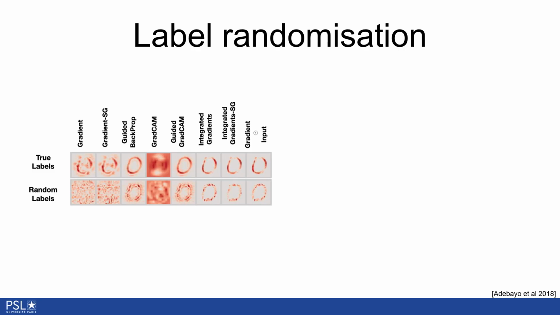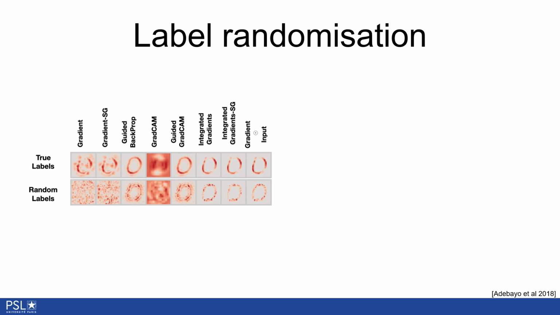The second randomization test used in the study by Adebayo and colleagues was to randomize image labels and compare the saliency maps computed on the true network model with saliency maps computed from a network trained on randomized labels. The figure on the left illustrates this approach for networks performing the classical MNIST task, which consists in identifying a number from an input image.